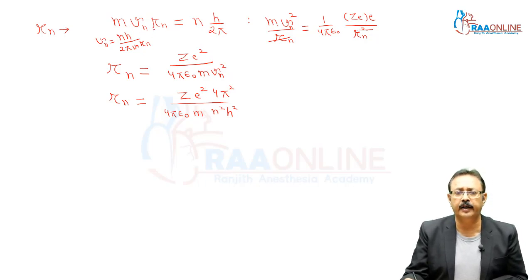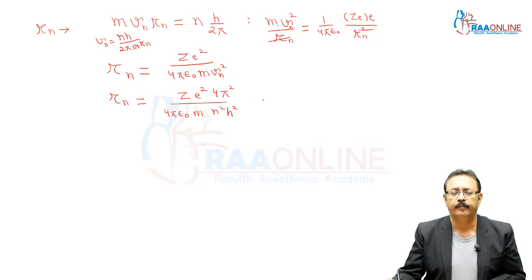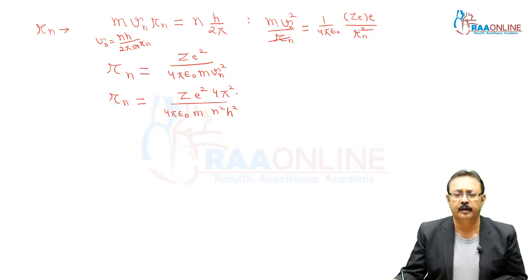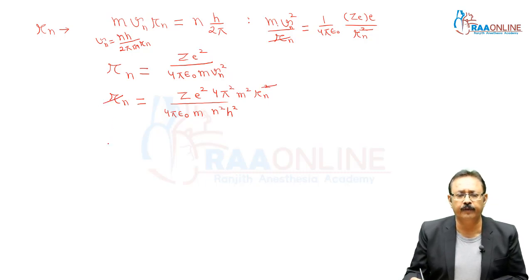What is the value of Vn? nh by 2 pi, it is m, 4 pi square m square Rn square. Cancel Rn square with this. Take all physical quantities on that side. We get the value of Rn.